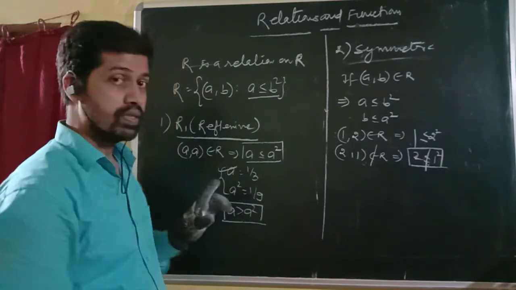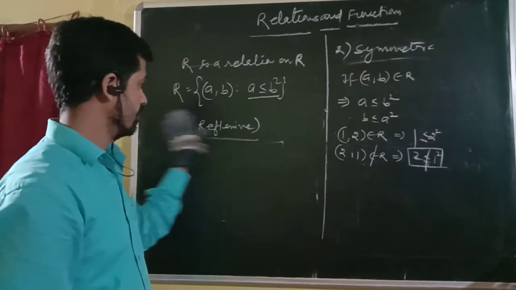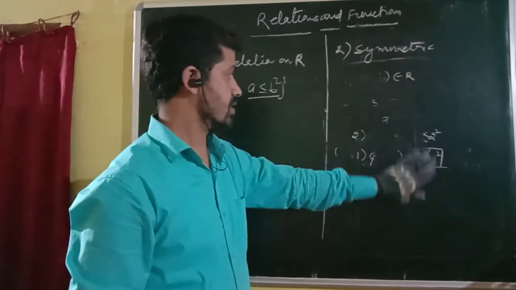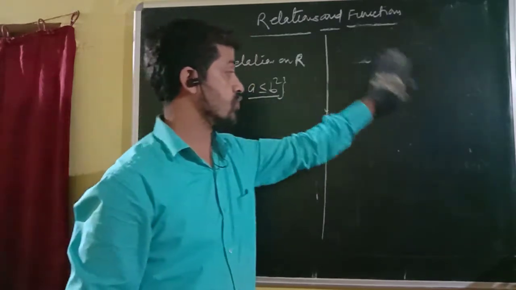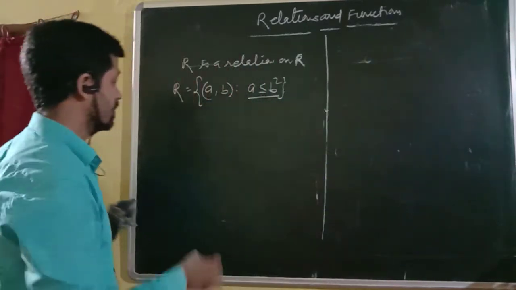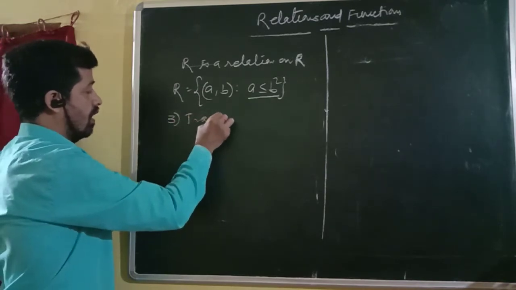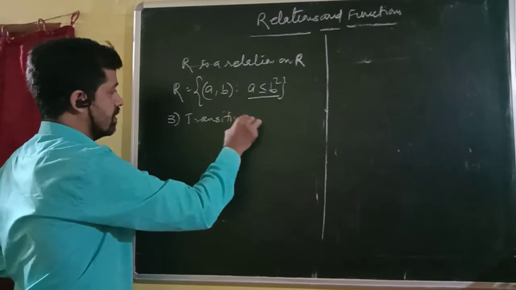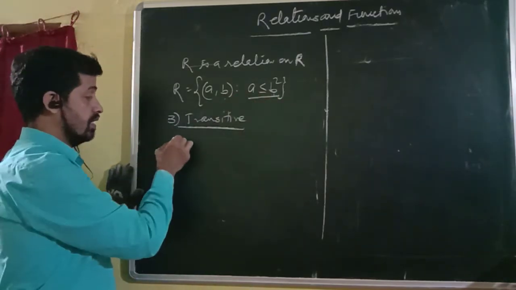Now we come to the last type, that is transitive. That is a more interesting part than the previous two we have discussed so far. Transitive relation. We check whether this relation is transitive or not.